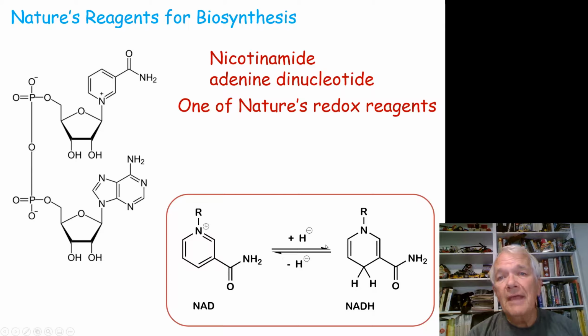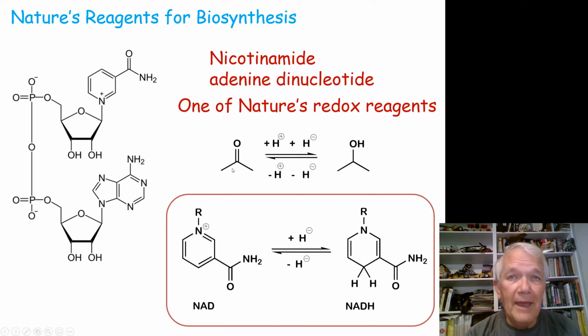So you can either add the H- or you deliver an H- depending on which way you go. And so it's basically a great reducing agent, or it can turn around. You can extract a proton and a hydride and go back to the carbonyl. So you can use an oxidizing agent as well. So it works both ways.